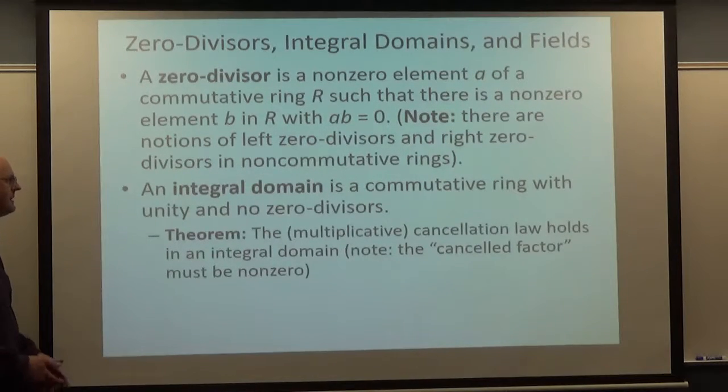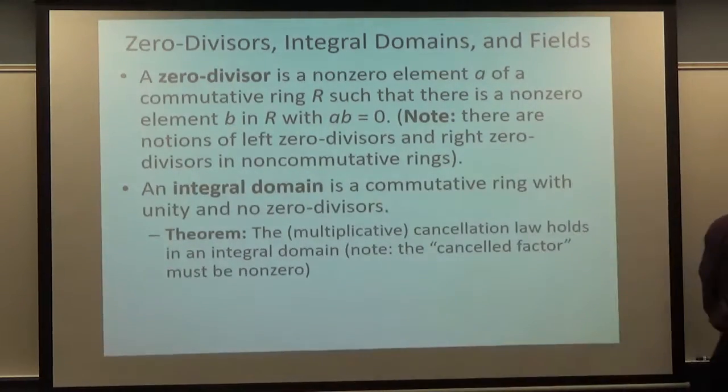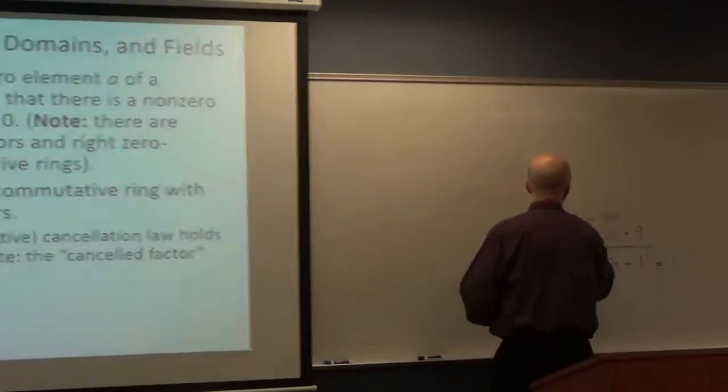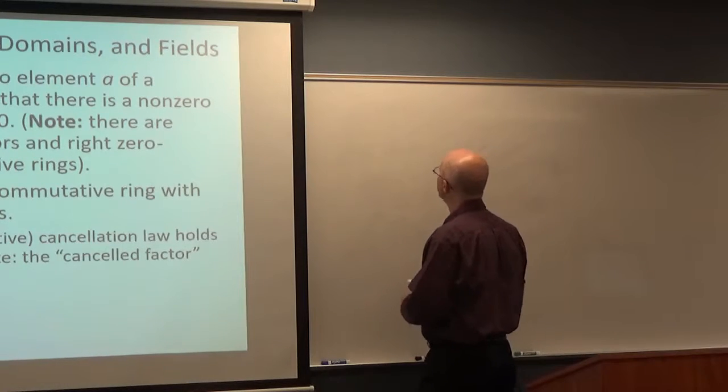Theorem. The multiplicative cancellation law holds in an integral domain. Note, of course, the cancelled factor must be non-zero. You can prove, and you should be able to prove, with a pretty quick proof that might be a little tricky, but I think you can get it.